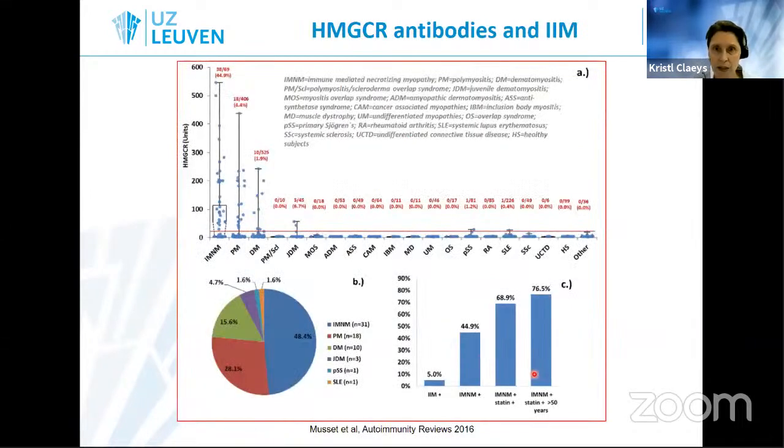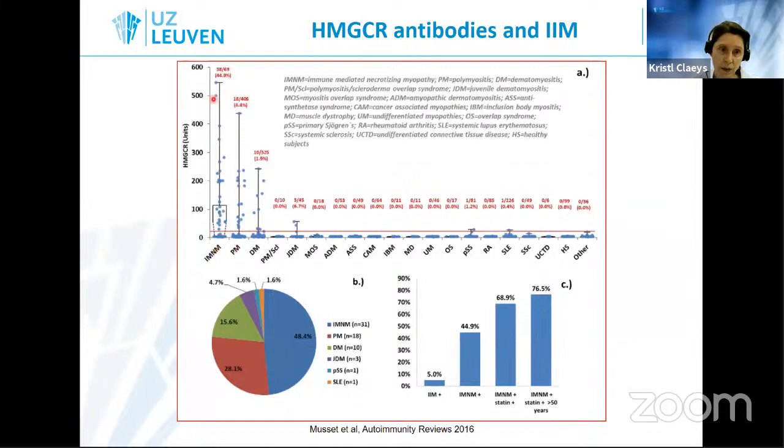This is an interesting study where they looked at positivity for anti-HMG-CR antibodies in different entities like autoimmune necrotizing myopathy, but also polymyositis, dermatomyositis, juvenile dermatomyositis, and also in a group of healthy subjects. And they looked at the frequency of these antibodies in these different subgroups.